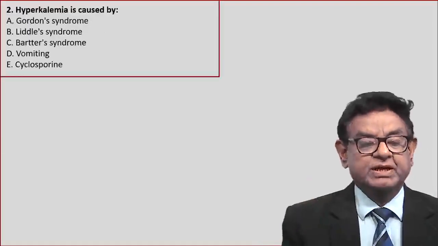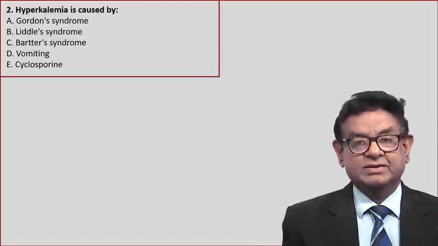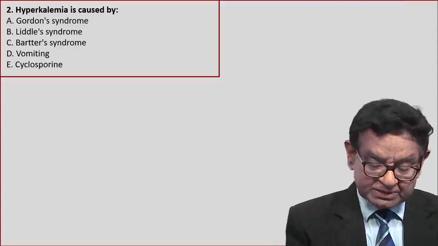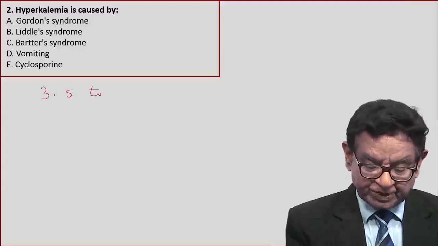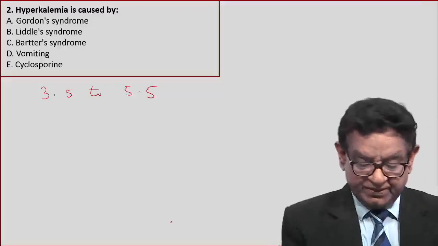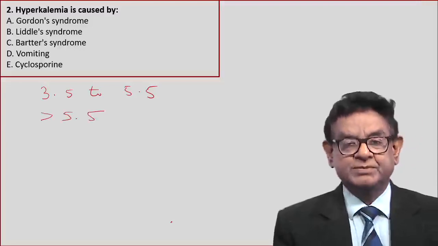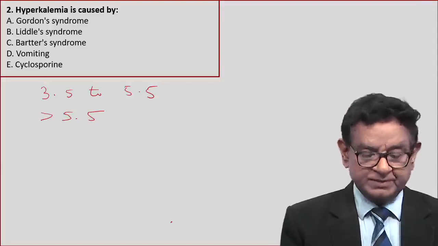Question number 2: hyperkalemia is caused by, well, let's learn the basic concept. Normal serum potassium is 3.5 to 5.5 milliequivalent per liter, and if the level is more than 5.5, then we call it hyperkalemia.